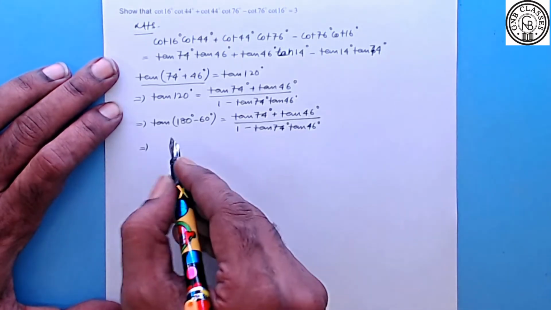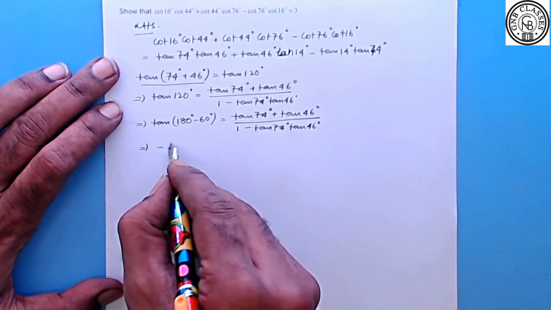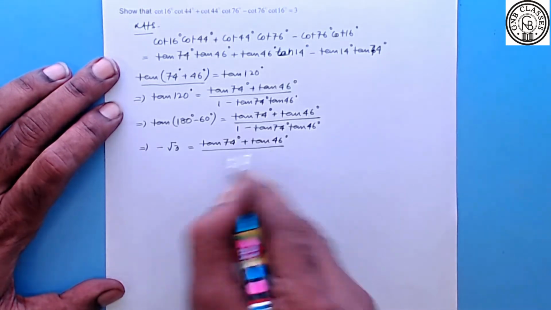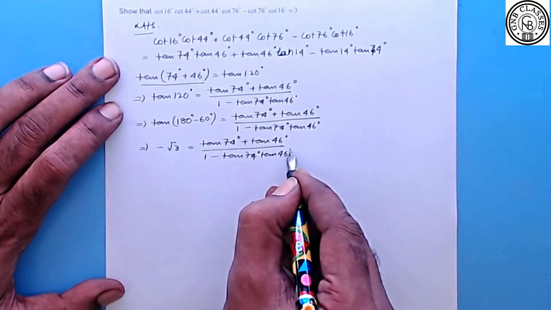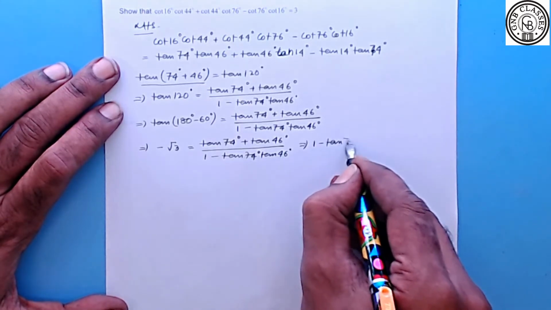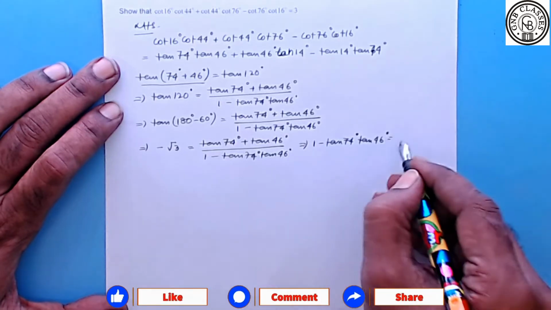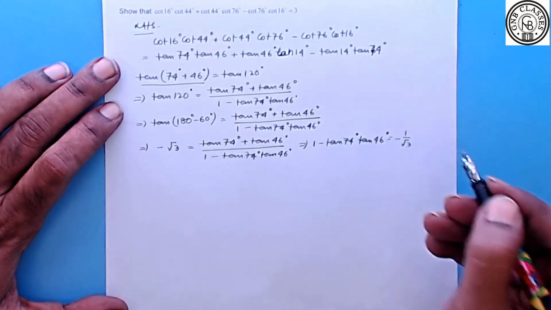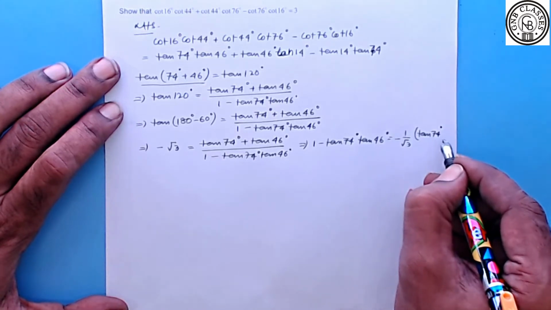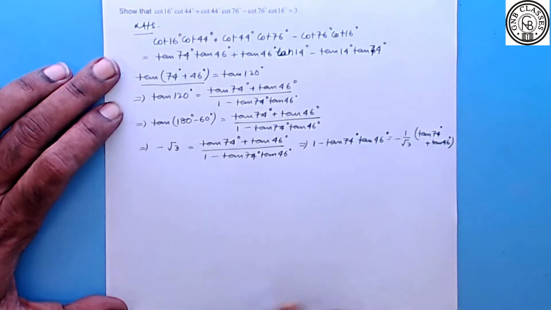Tan (180 minus theta) is minus tan theta, so it is minus tan 60 degree, which gives you minus root 3. So from here we can write 1 minus tan 74 degree tan 46 degrees is equal to minus 1 by root 3 times (tan 74 degree plus tan 46 degrees). Is it clear to all of you?